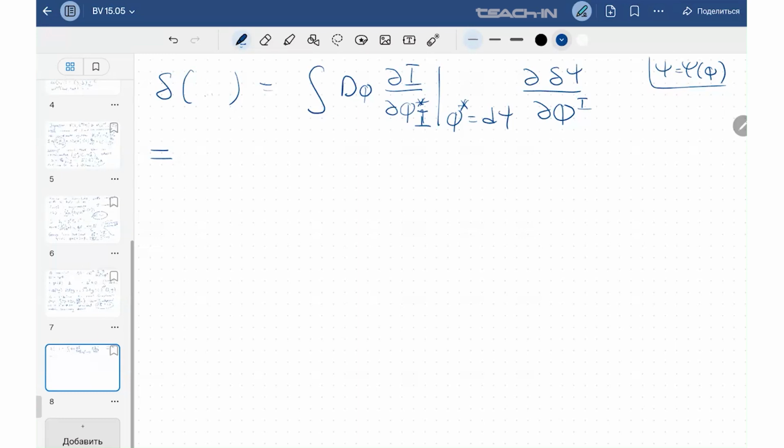Oh, right, one has to do it carefully. If I write it like this, then this derivative should be like this.